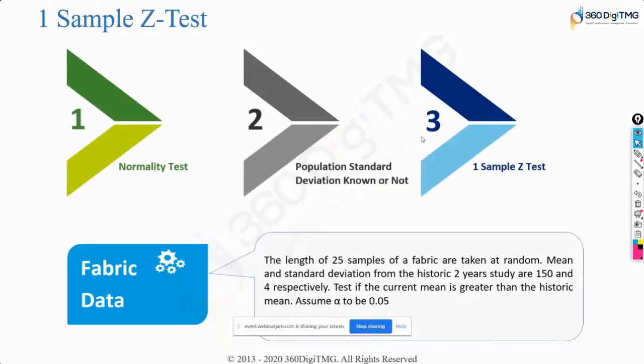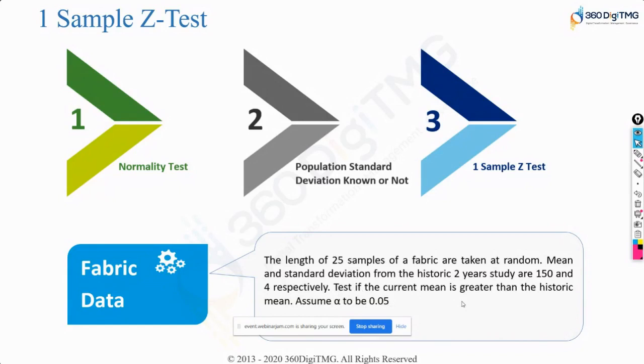The fabric data is what we did yesterday. We took a sample of data and measured against the standard. We considered the standard as 150 meters. Then the average variance, that is the standard deviation, on an average, the deviation in the length of the mean was given as 4 meters. And then we estimated a population mean for the current sample data at a significance level of 5%.